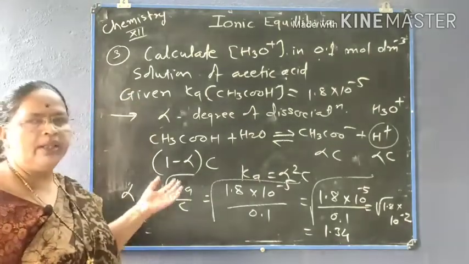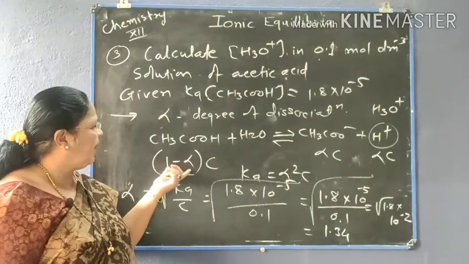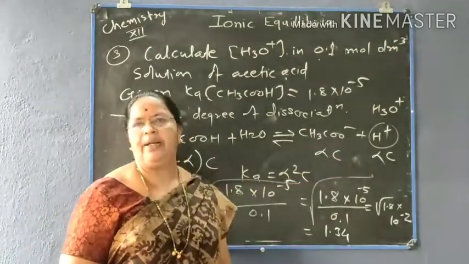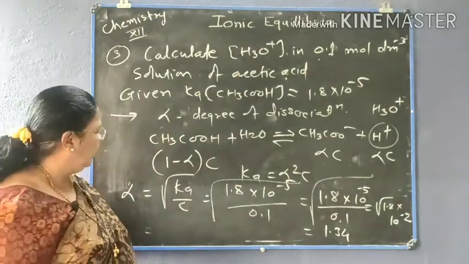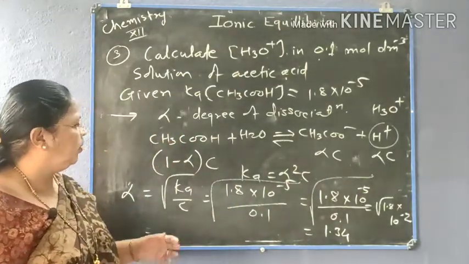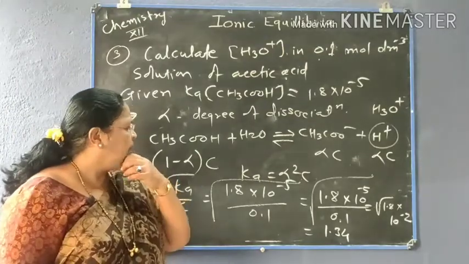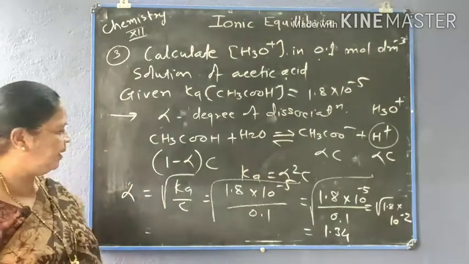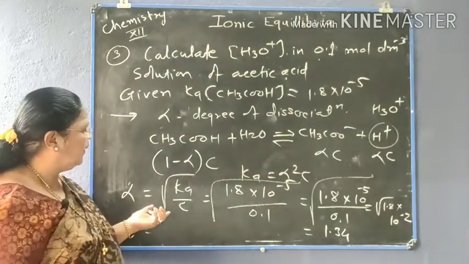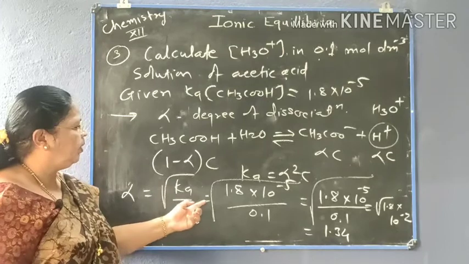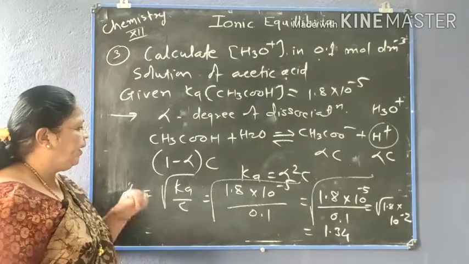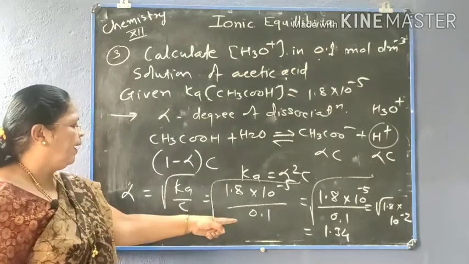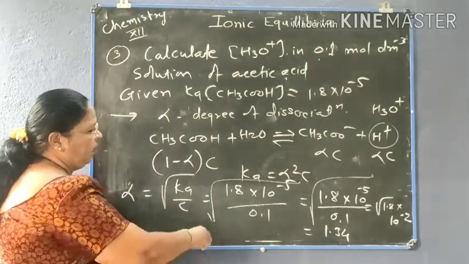The equilibrium concentration is 1 minus alpha into C, and for acetate and H plus it is alpha into C. You know the Ostwald dilution law, for a weak acid K is equal to alpha square C. By rearranging, alpha is equal to square root of K by C, which is equal to 1.8 into 10 raised to minus 5 divided by 0.1.